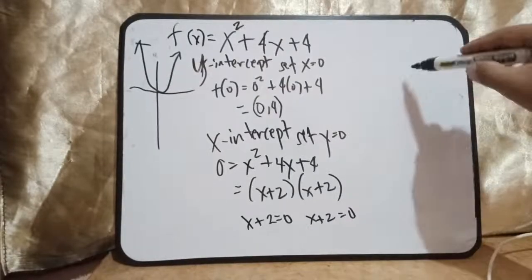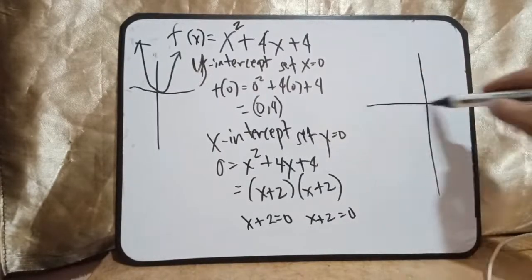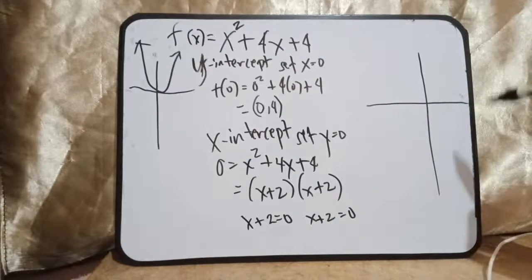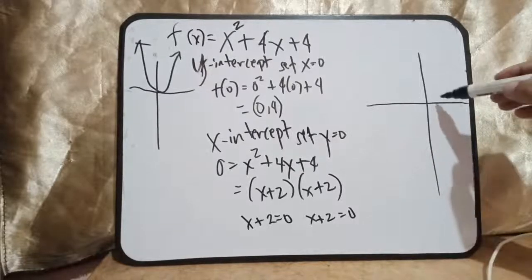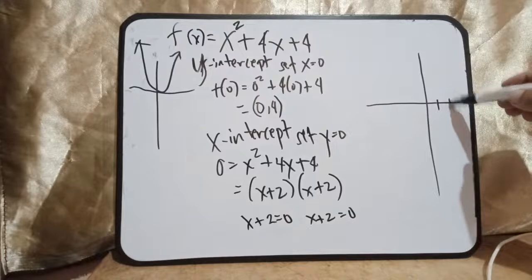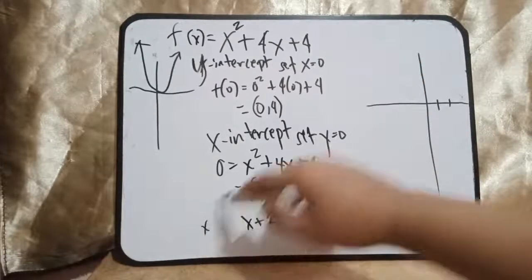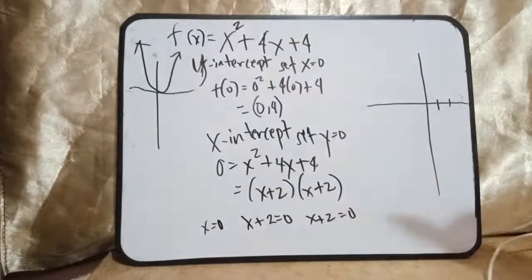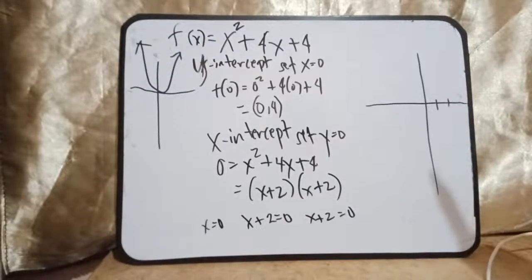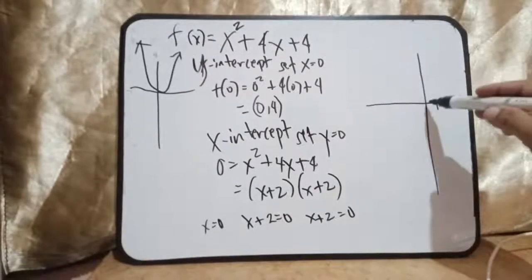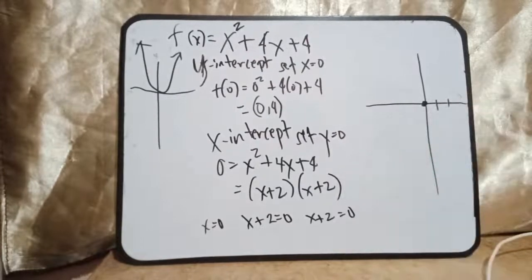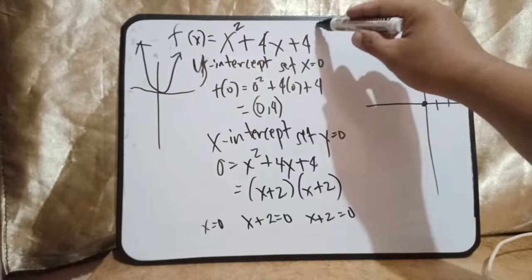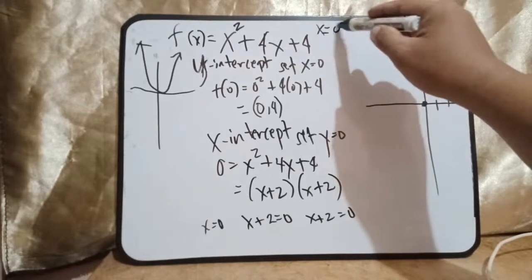So we try to plot this in our graph to prove that the direction is correct. Since it is positive, bilang tayo, 1, 2. For x is equals to 0, 0.